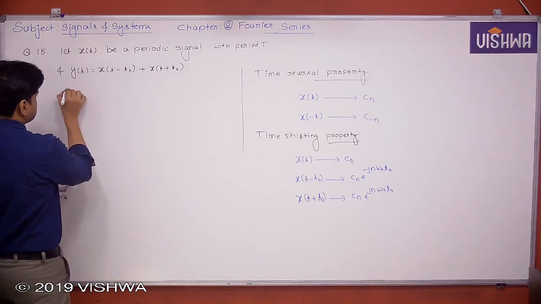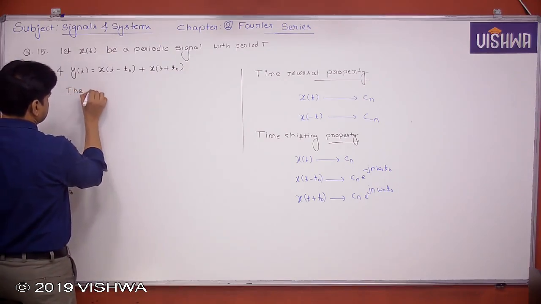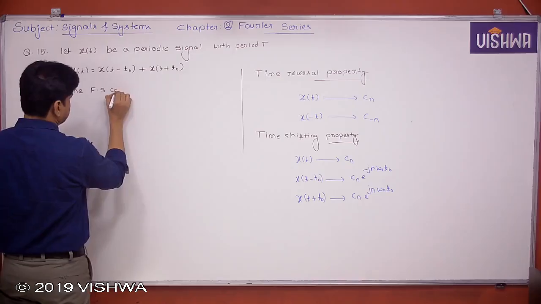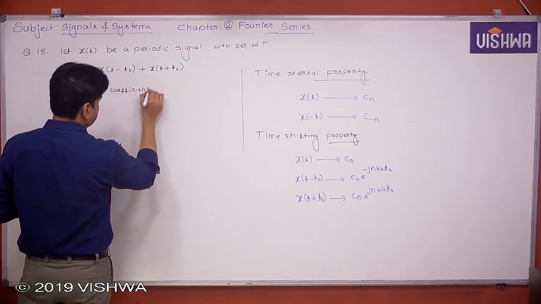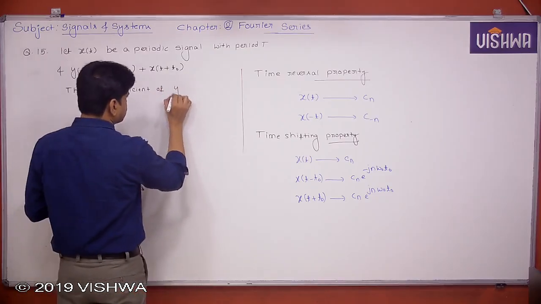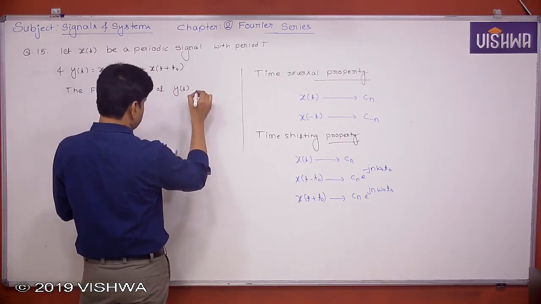The Fourier series coefficient of y of t is dn.